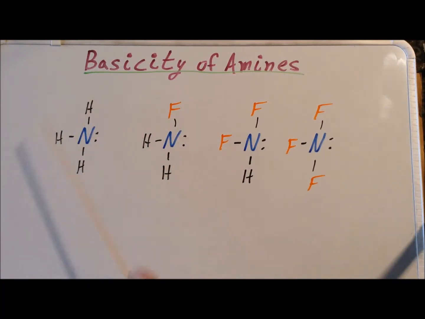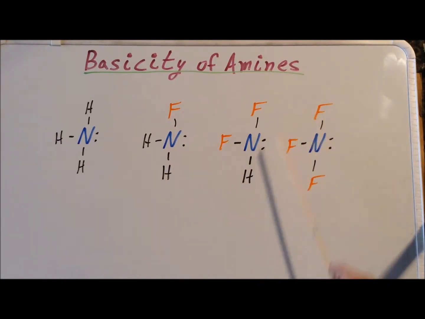So going from ammonia to fluoramine, we would predict that fluoramine is going to be a weaker base. Now if we have two fluorine atoms, the effect is even greater. We have even more electron density being drawn away from the lone pair towards the fluorine atoms, which are extremely electronegative, the most electronegative of all the elements. So this species is even weaker than this one.